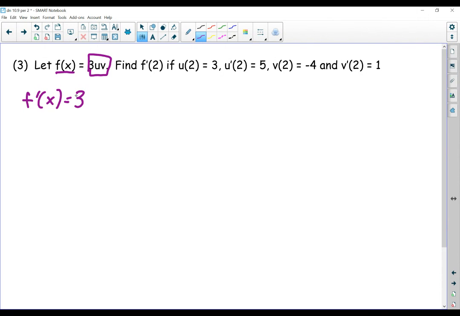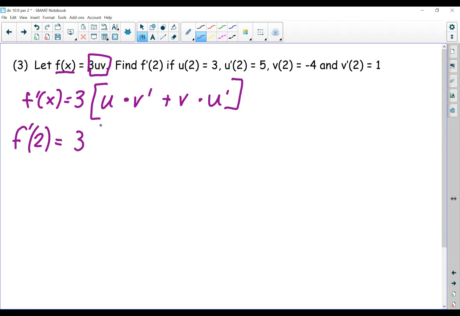Now 3 is a constant multiple, so I'm just going to put it in the front. And then I know that the derivative of u times v is going to be u times v prime plus v times u prime. So I write it in general, and then I'm going to plug in 2.